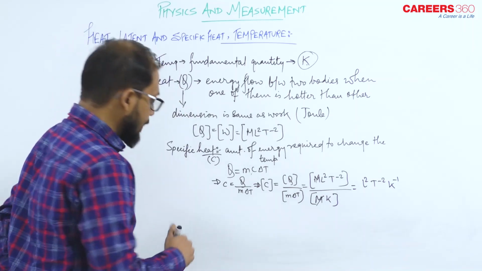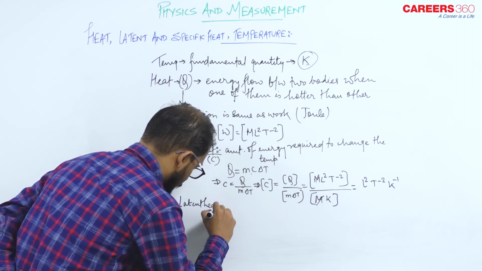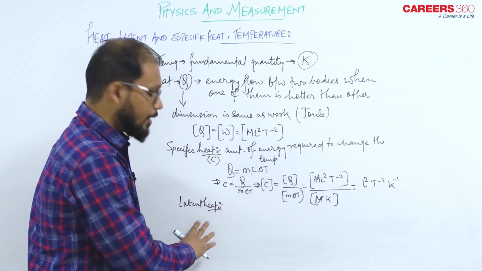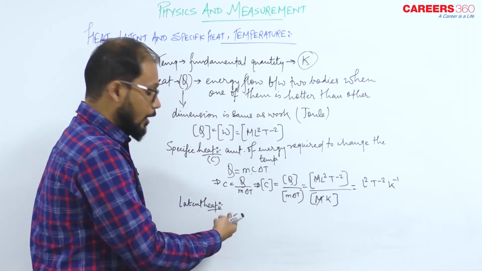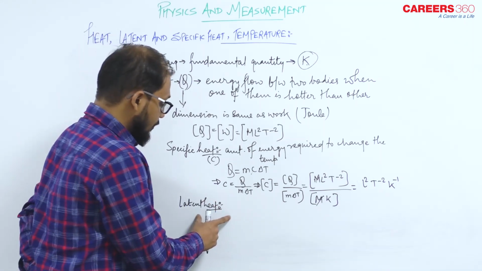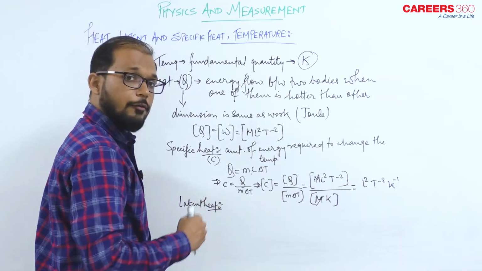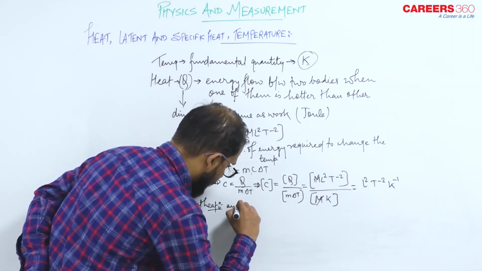Now let's talk about latent heat. What is latent heat? It is the amount of energy required to change the state of a substance, for example the boiling of water or melting of ice.